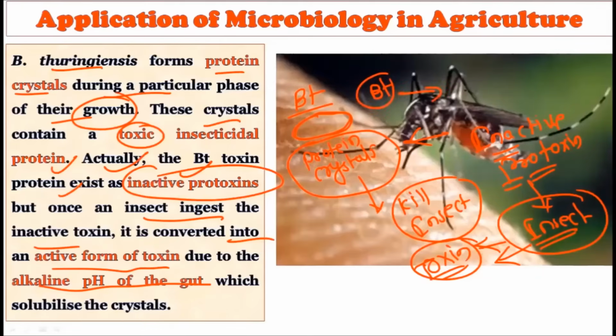But once ingested in the insect body, the gut pH is alkaline, and due to this alkalinity the crystals get converted into the active toxin. When the active toxin forms, the insect is killed. So this is how the actual mechanism occurs by which the insect is killed by Bacillus thuringiensis.